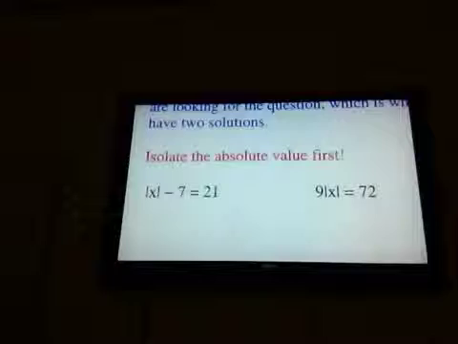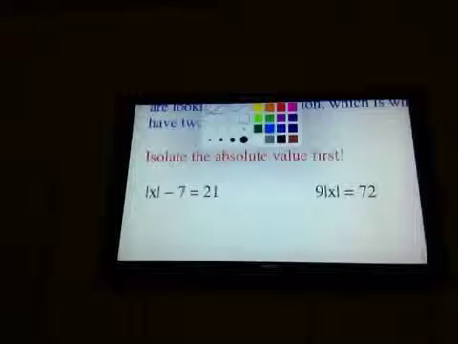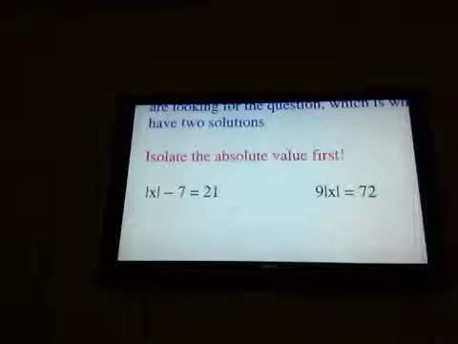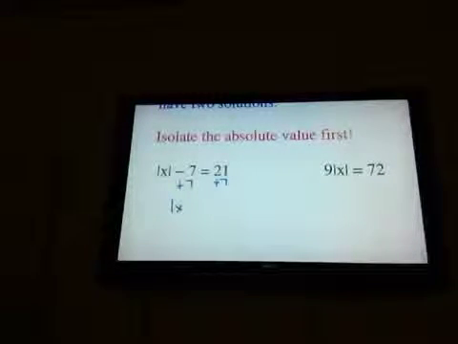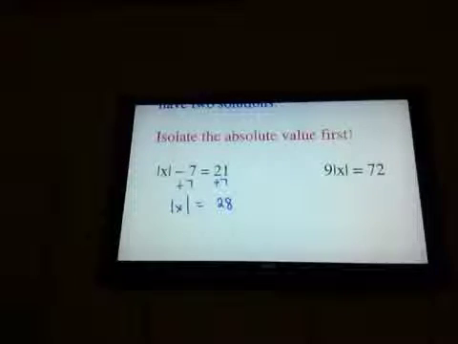Now, to get the absolute value all by itself, you're going to use what you already know from solving. So if I want to get this absolute value by itself, I'm going to add 7. So I have the absolute value of x equals 28.